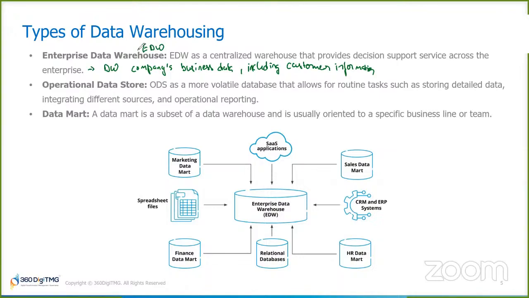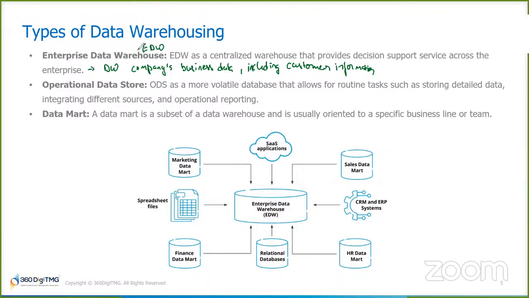Then we will also have the staging area. The staging area, as we have discussed, is basically a point of the data warehouse where all of the data from different sources is gathered together. So this is where your data is integrated, cleaned, and prepared before it is loaded into any kind of enterprise data warehouses.